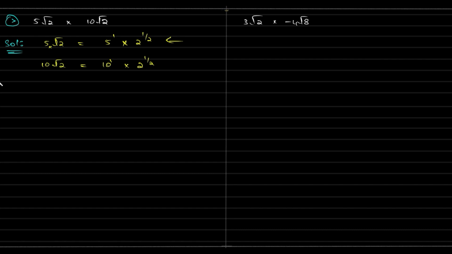So this is fine for the individual terms. But when we are multiplying 5 root 2 into 10 root 2, we can rewrite this as, first let me write the question. Since all of these are getting multiplied, I can rearrange them: 5 into 10 into 2 to the power of half into 2 to the power of half. So the next step is 5 into 10 is 50.